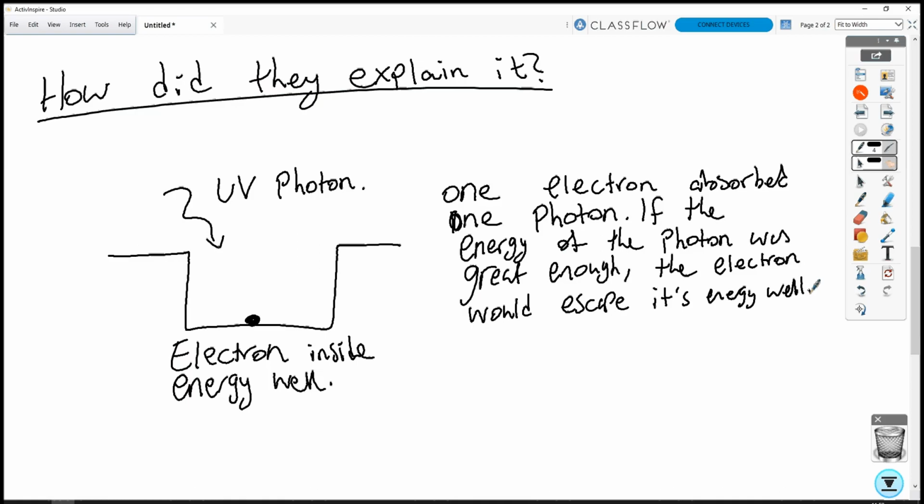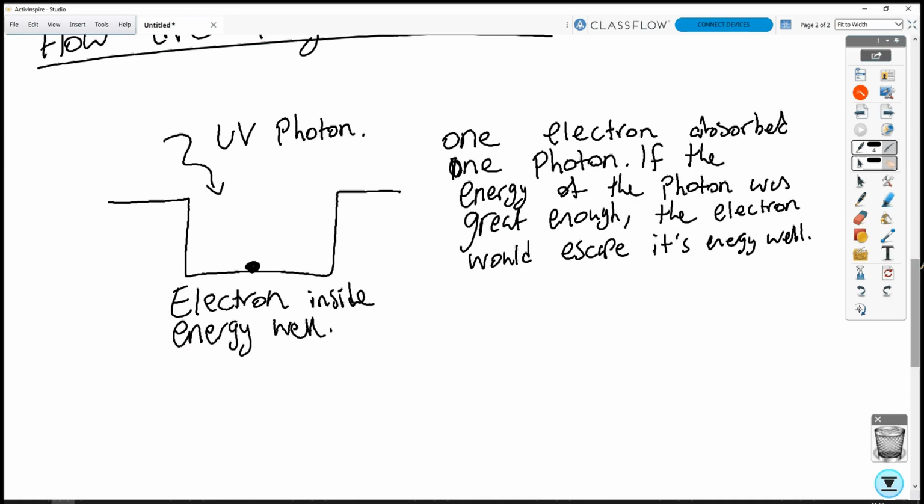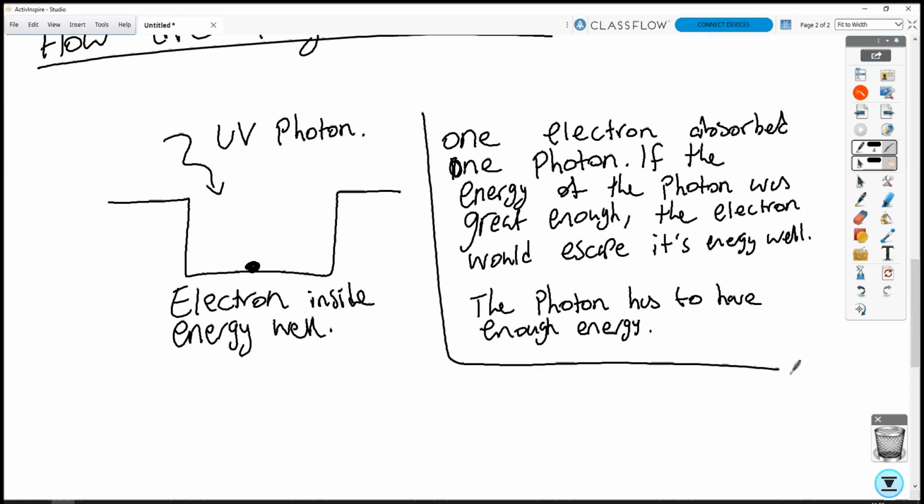So this means that the photon has to have enough energy. Let's put a box around that entire statement, as you'll need to learn this.